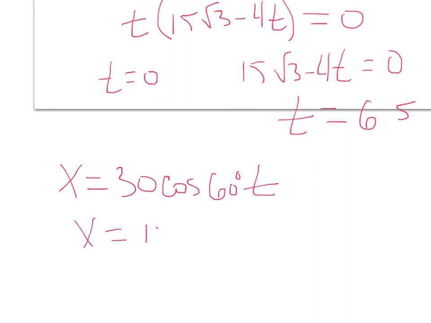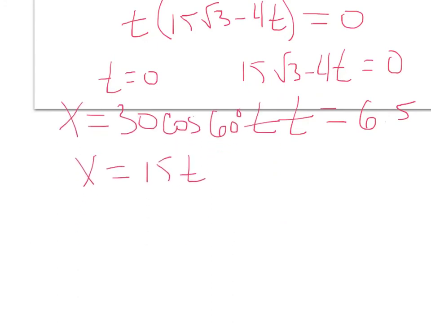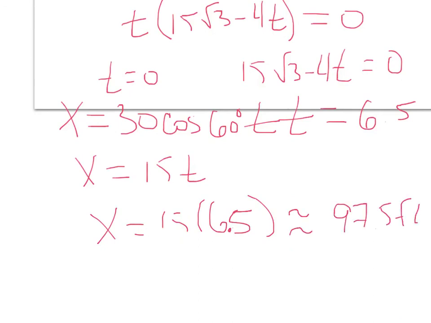So x is equal to 15t, and I know that t is 6.5, not 8.5. Which is going to give me approximately 97.5 feet. And that is how far the ball is kicked. I'll come back and do another video for part B.